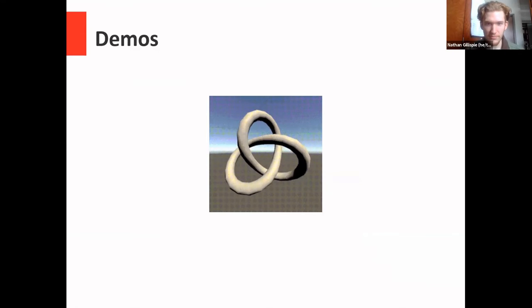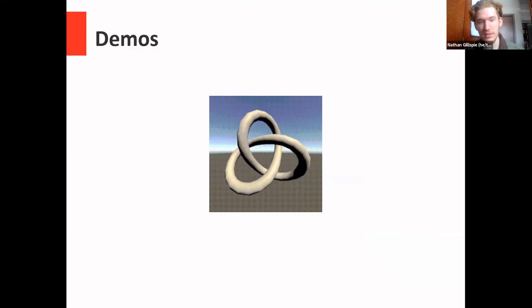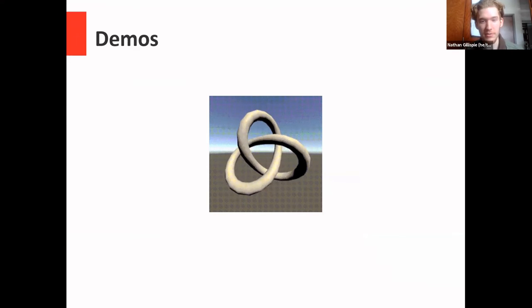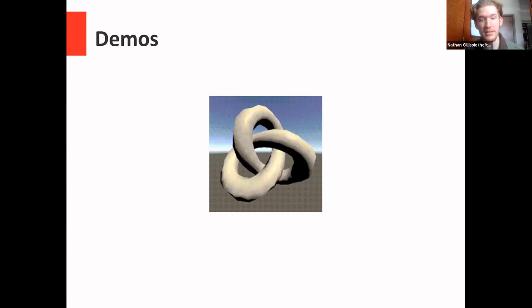So what we have now is a few demos of what we currently have. Right now, this is just an animation of the trefoil that you saw before, but now it's inside a scene in Unity. Unity is the thing that we use to make all of our application. What I'm doing here is changing the radius of this tube, which goes around the knot. Keep in mind the tube isn't actually there.